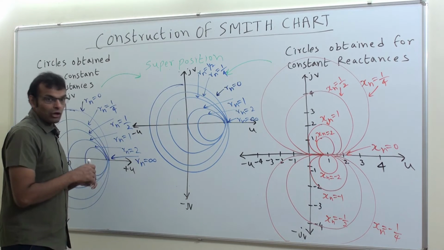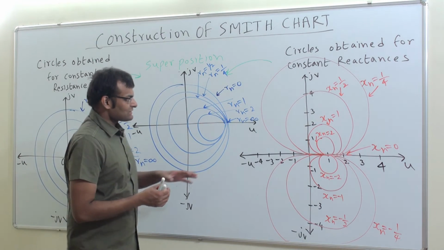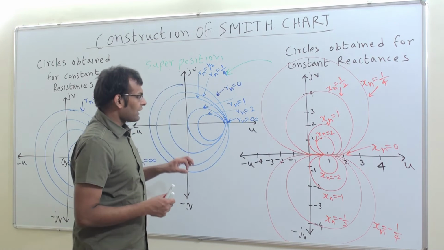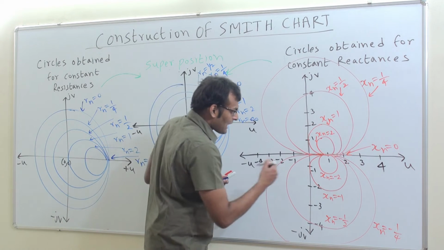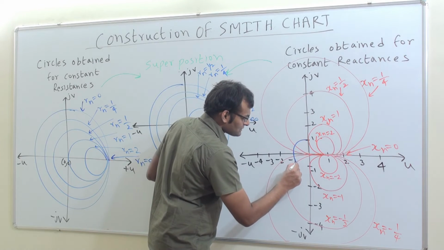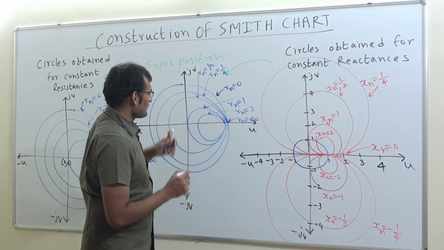Now this is what I have got. Now I am going to superimpose these circles here. While superimposing, observe carefully, I will be only focusing on the red lines that are inside this unit area.